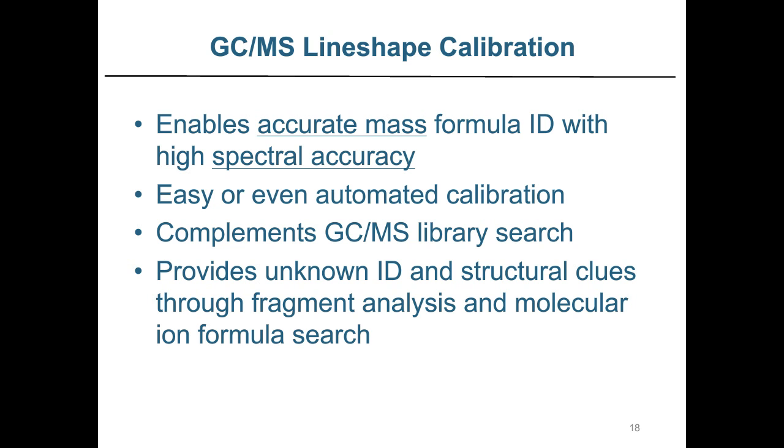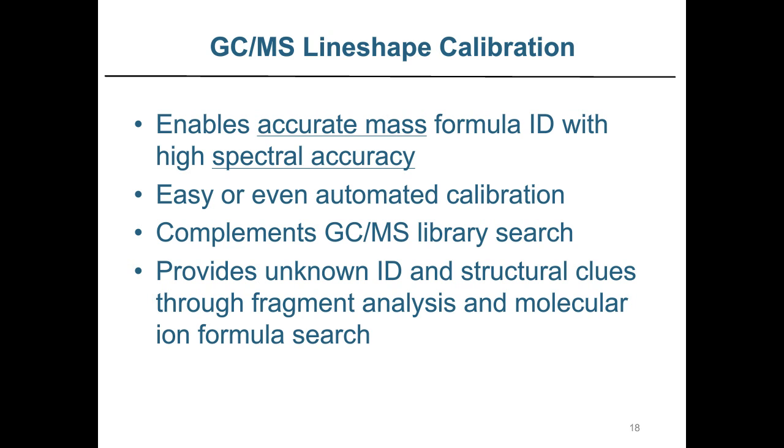Of course, in GCMS we have GCMS libraries, which are routinely used for identification of unknowns. This approach doesn't replace it, certainly, because in the GCMS library search you look at the fragments, so you can actually get exact structure information. But it's a piece of complementary information that can be used in the GCMS search.